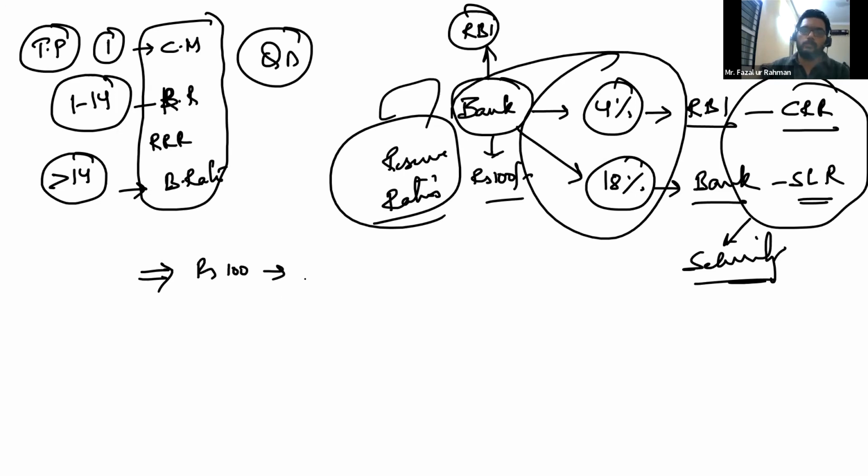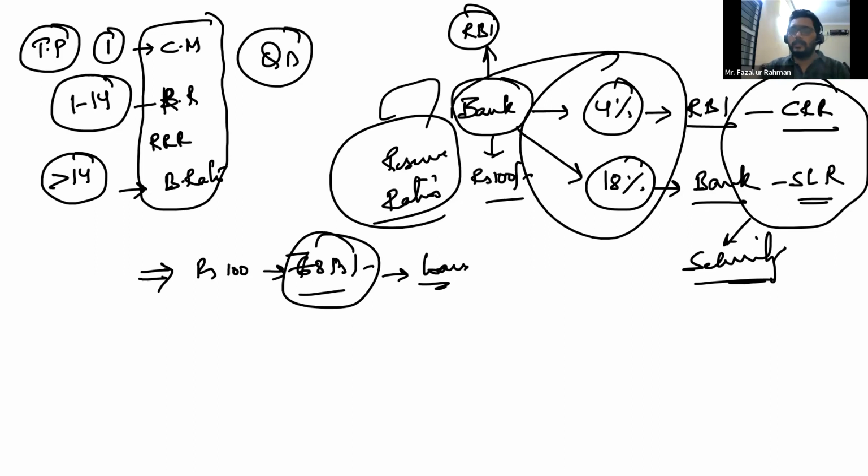You remove 22, you will have 78 rupees with you. Now this amount you can rotate in loans, with some criteria I will teach you again. So 18 and 4 you cannot touch. Those are rigid. They cannot be taken out without RBI permission. So you cannot use 18 and 4 because it is only for security.